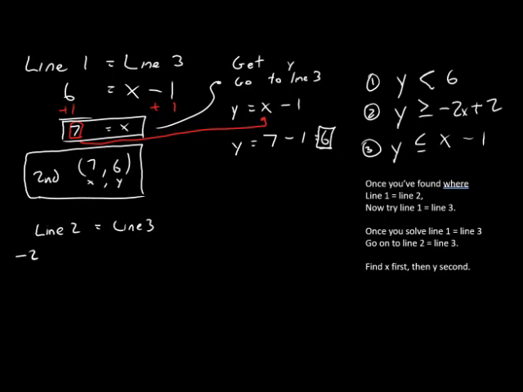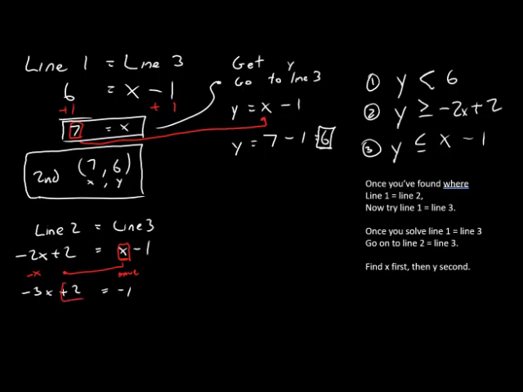Line 2 was negative 2x plus 2 and line 3 was x minus 1. We'll set them equal and try to get the x's on the same side. We will take the x from the right side and move it to the left. When we move it, it will become negative x. This will give us negative 3x plus 2 on the left and negative 1 on the right.